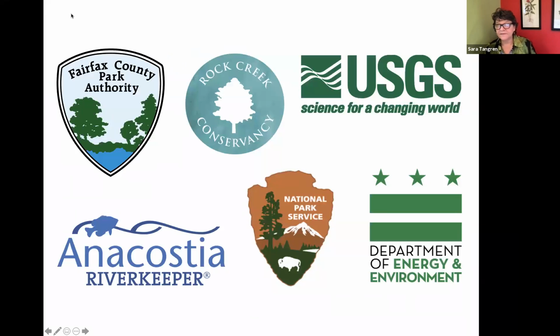We have 15 member organizations on the steering committee and a growing body of additional member organizations. These are just a few logos that I was able to grab quickly and throw on a slide to give you an idea. We are national agencies, county agencies, federal agencies, and multiple conservation nonprofit organizations.